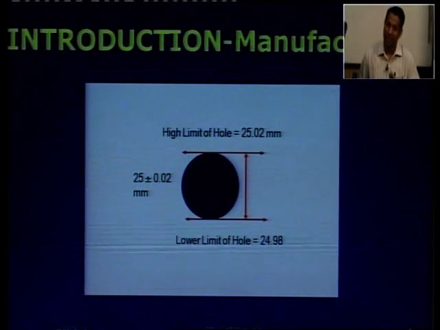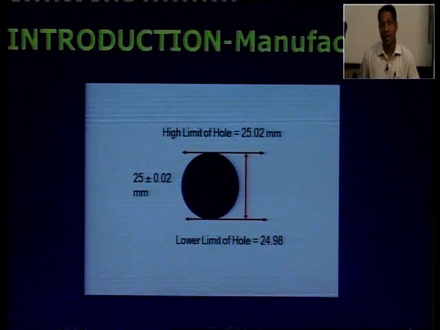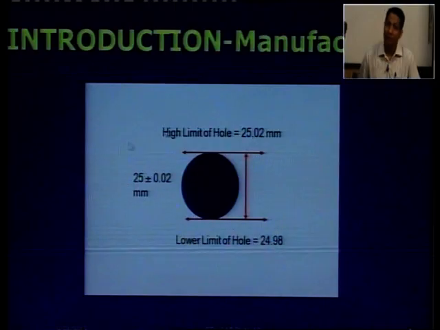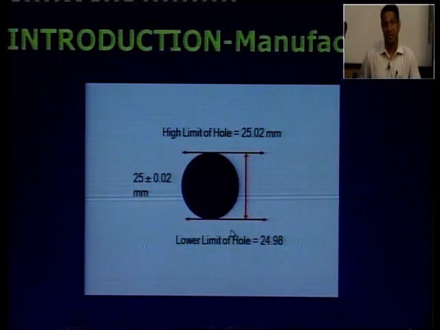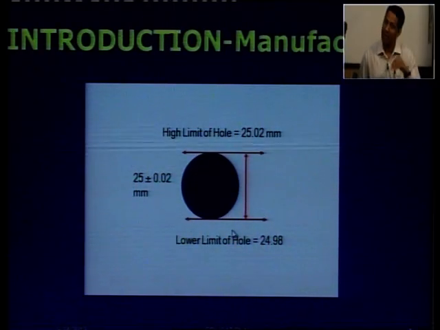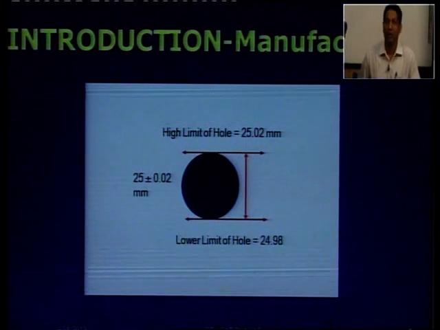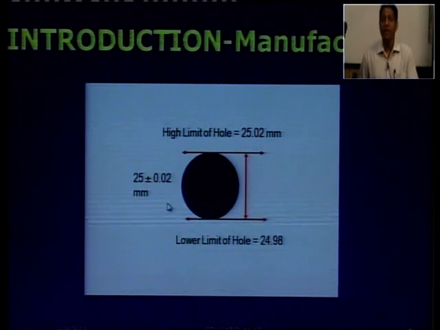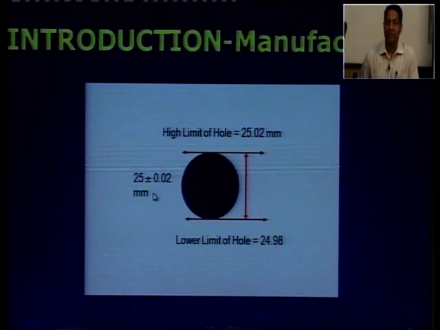It may be machine error, it may be operator error, meaning human error, or a problem from the material. Sometimes the material is not homogeneous, its composition is not proper, and the drill wanders here and there. So our purpose is to accept largely, we give one range, and that range is called tolerance.